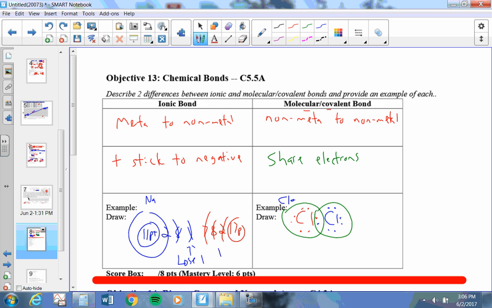This one wants to gain 1. So if I erase this one, and if I made this 8, now this has a negative charge. It's chlorine with a -1 charge. And this one has now a positive charge. There's one more proton than electron. So sodium chloride is a positive sticking to a negative, versus chlorine sharing electrons.